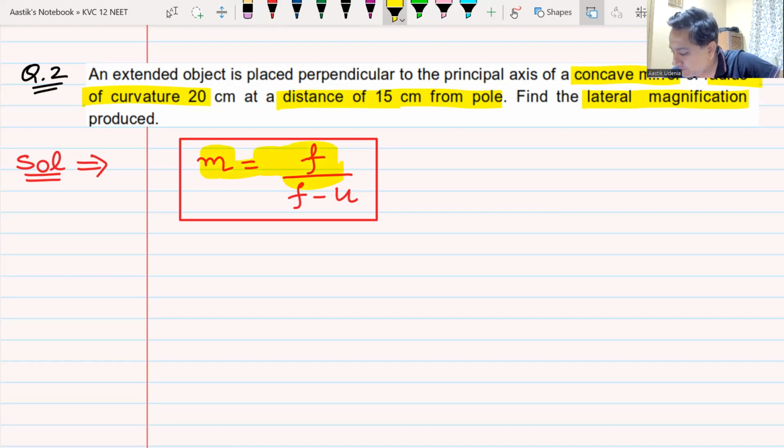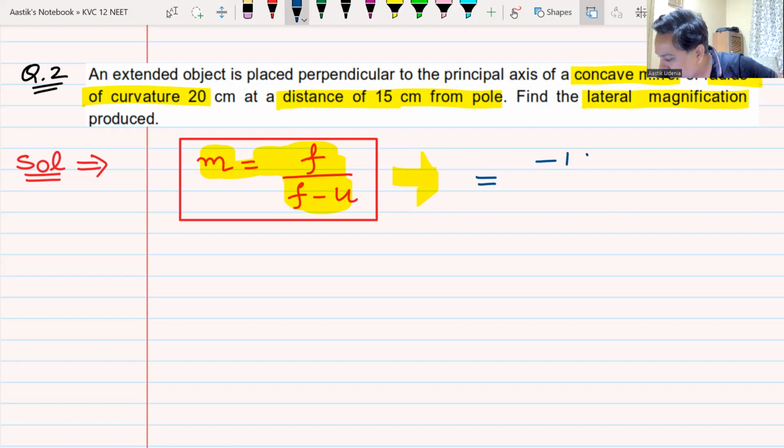This is the formula that we need to apply. Do we understand this formula, everyone? Please raise your hands. Yes, sir. We just put the values here. So, what is the value of f? Remember, radius of curvature is given as 20, so focal length becomes 10. It is a concave mirror, so it is -10. If you put +10, everything will go here and there.